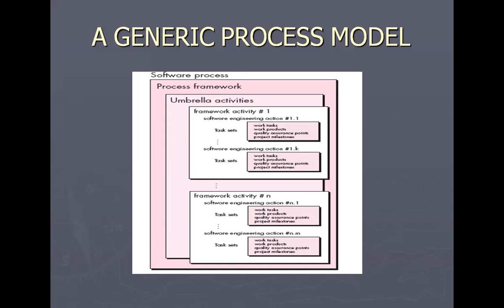Using an example derived from the generic process activity, the modeling activity is composed of two software engineering actions: analysis and design. Analysis encompasses the set of work tasks, for example requirement gathering, elaboration, negotiation, specification and validation, that lead to the creation of the analysis model and/or requirement specification.